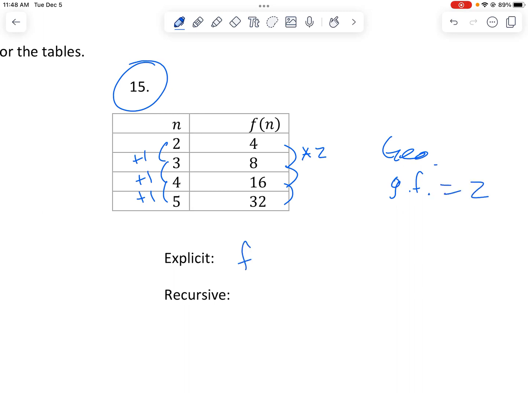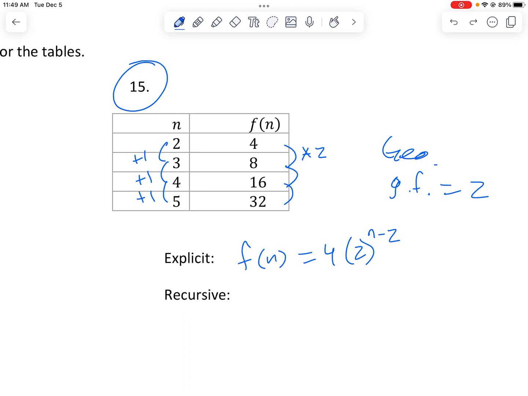So when I write my explicit, I'm going to do f of n equals, the part that makes this a little bit different is it doesn't start at 0, it doesn't even start at 1, it starts at 2 for n. I am going to put that starting number of 4, and it is times by 2. But up here, I'm not going to use n or n minus 1. I'm actually going to use n minus 2, and that's because it starts at 2.